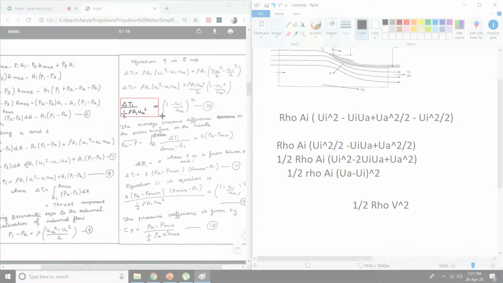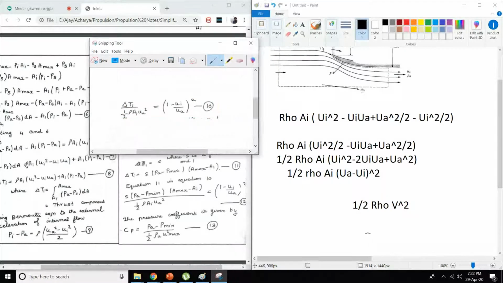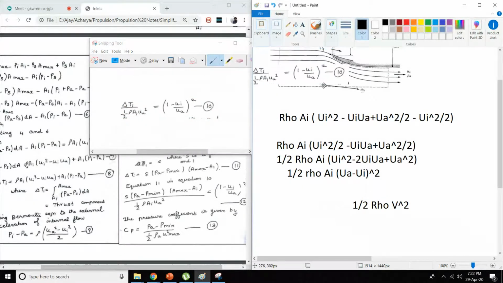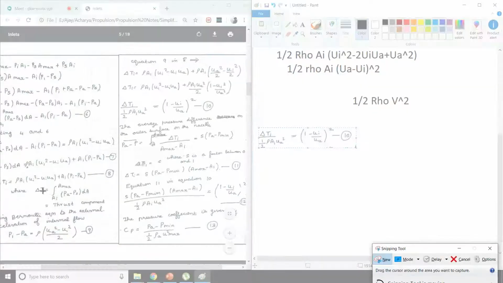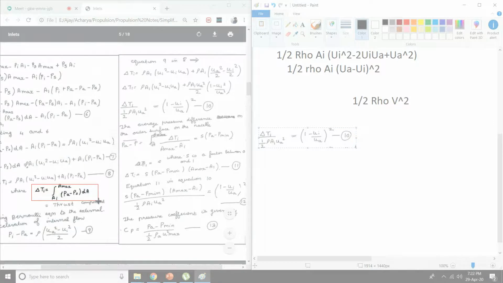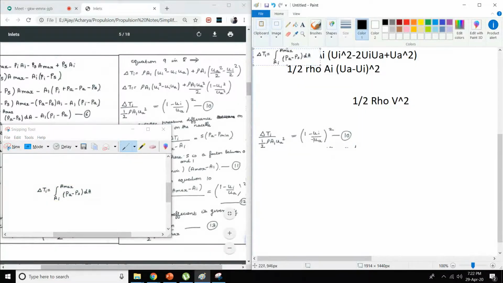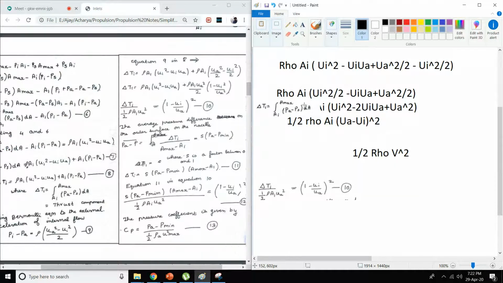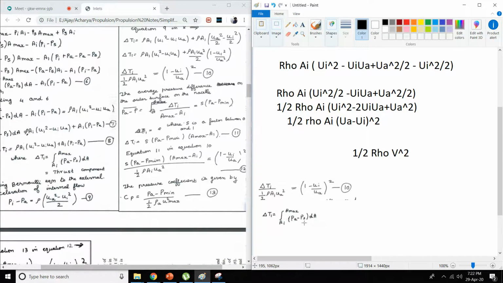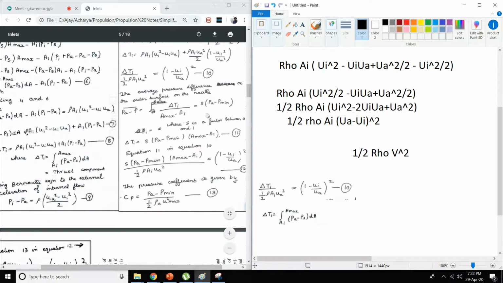This is one equation, and the other equation is this. So you have two equations for Ti now, and taking this, he has substituted that.